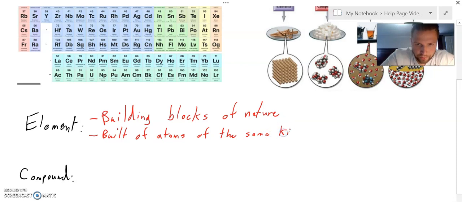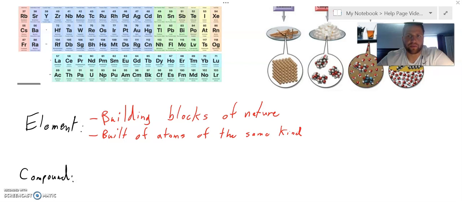So when you get a grouping of atoms that are all the same, what you end up getting is an element, and from these elements we build nature and physical things. So when you look at a photo of an element, we see that everything is the same kind. Notice it's a single color. There's nothing mixed in, and we kind of see that even though it looks like copper pieces are kind of dirty, that truly inside it's all the same type of particle.